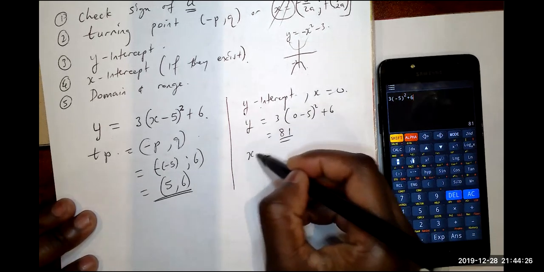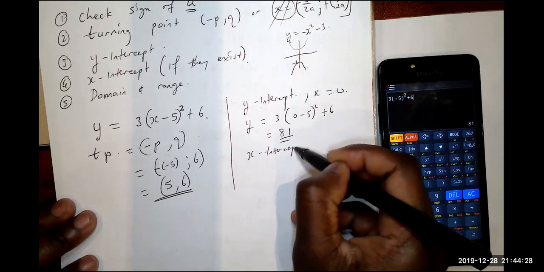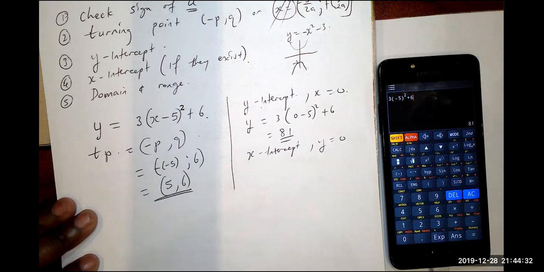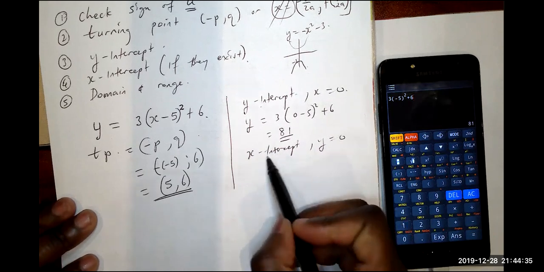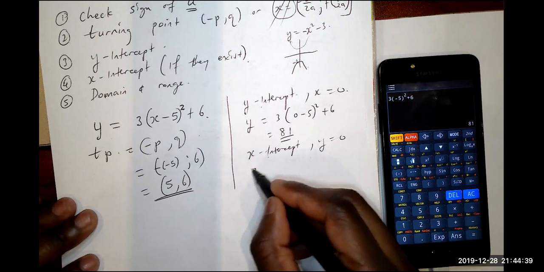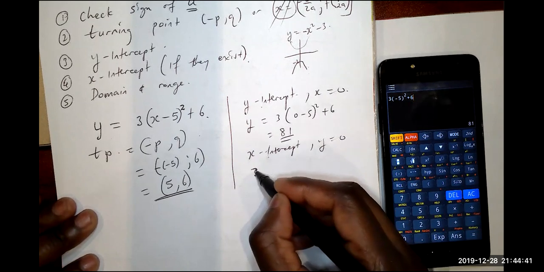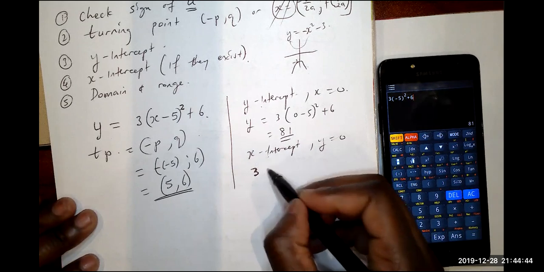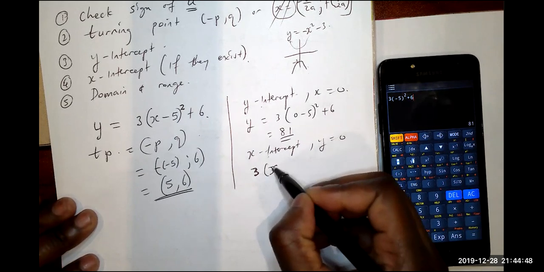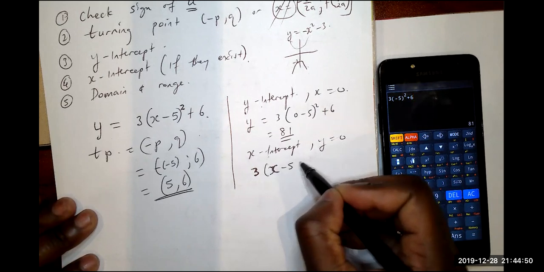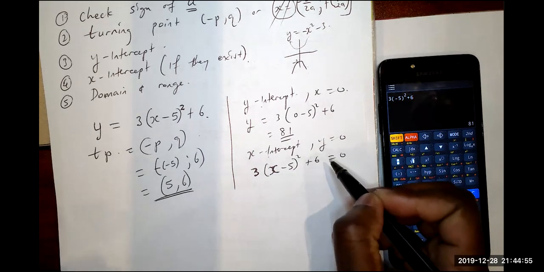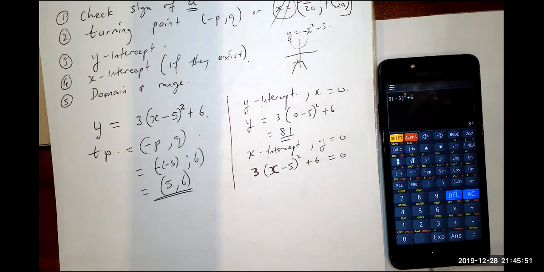Then the x-intercept is when y is equal to 0. And when y is equal to 0, what do we do now? We have our equation, 3(x minus 5) squared plus 6 is equal to 0.